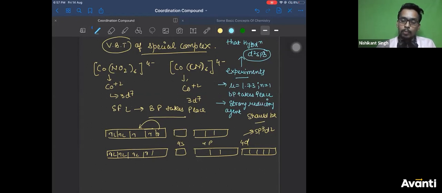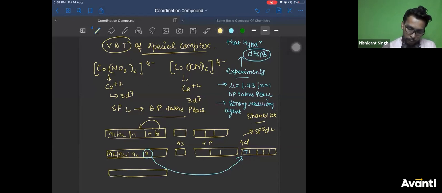So in that case, what was proposed was that one of the electrons here, which is our problem here, will be excited to this 4d orbital. This electron will come here and we will get something like this. I will tell you why it was proposed.